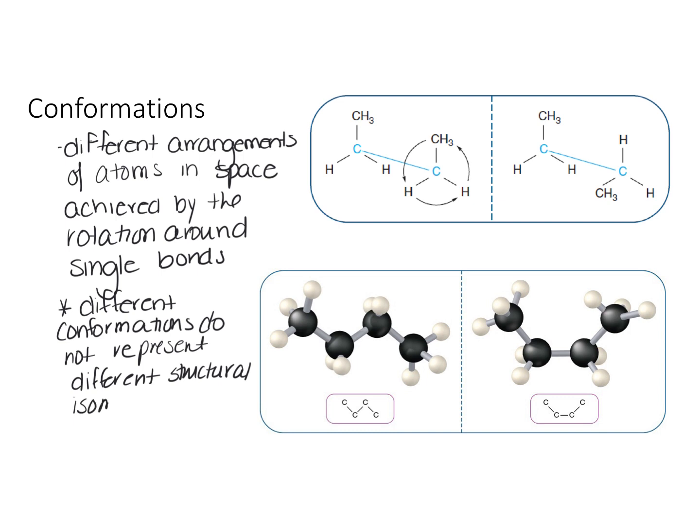So remember, structural isomers have the same chemical formula but are arranged in different orders, right? Well, these, if you look at butane, for example, and this is normal butane, is CH3, CH2, CH2, CH3. This is also CH3, CH2, CH2, CH3.